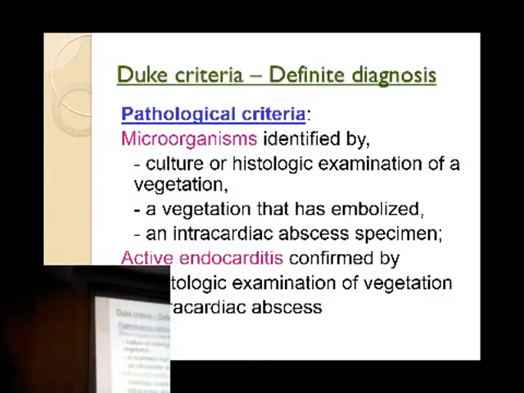Now let's look back again at Duke's criteria. These are the two pathological criteria. Either one of these will direct us towards a definitive diagnosis. So, microorganisms identified by either culture or histological examination of a vegetation, or from a vegetation that has embolized, or from an intracardiac abscess specimen taken at the time of cardiac surgery.